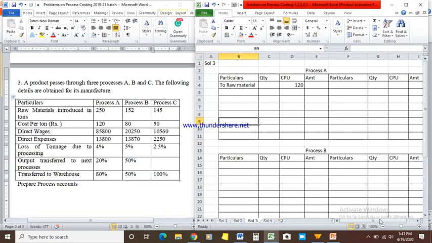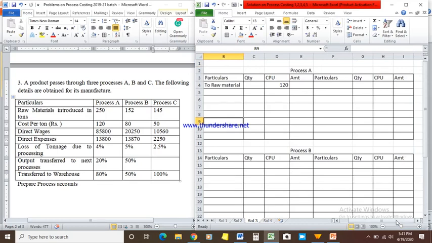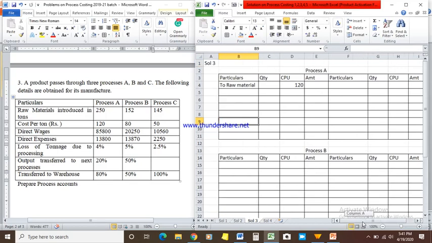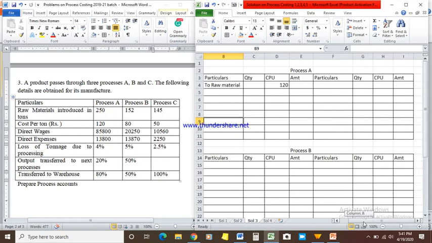Okay. So two raw materials, 250 tons at the rate of 120. So that comes to 250 into 120, 30,000.